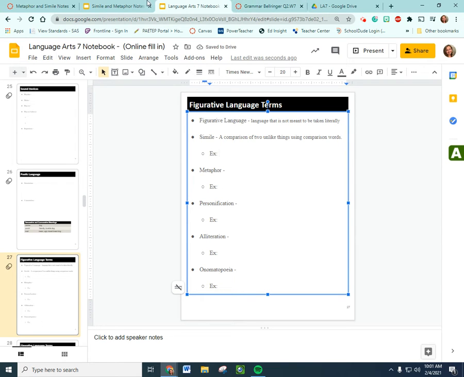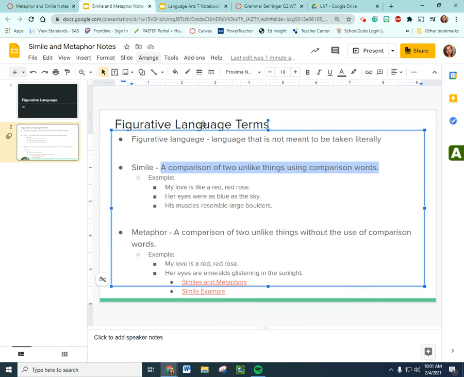Okay, and we're going to go ahead and put an example on here as well. We have 3 different examples. My love is like a red, red rose. Her eyes were as blue as the sky. Her muscles resemble large boulders. All right, let's look at this one.